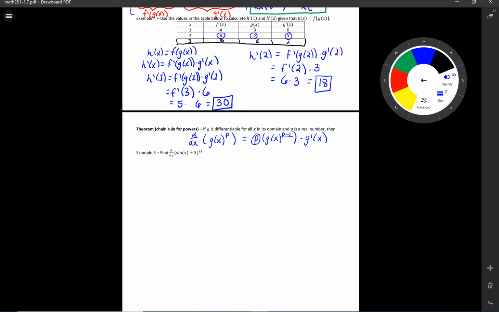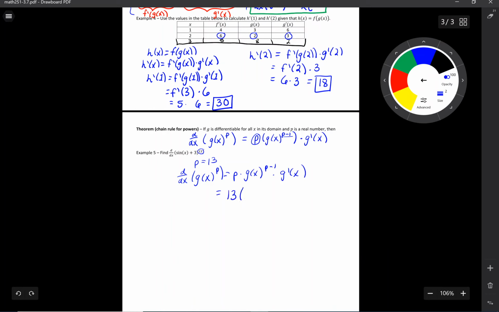So I have one more example here. I want to find the derivative of sine of x plus 3 to the power of 13. Well, here my power is 13. So using the fact that the derivative of g of x to the power of p is p times g of x to the power of p minus 1 times g prime of x, this will be 13 times g of x.